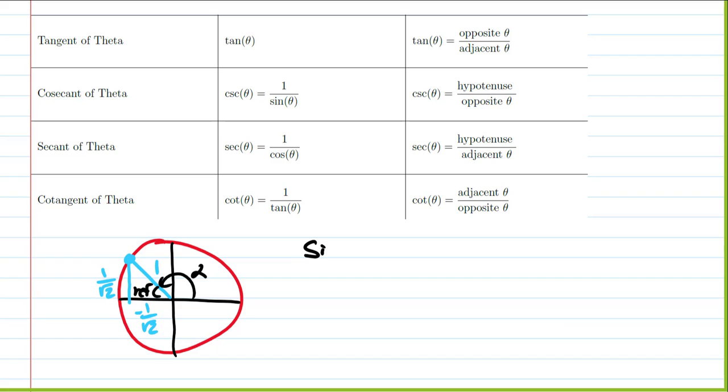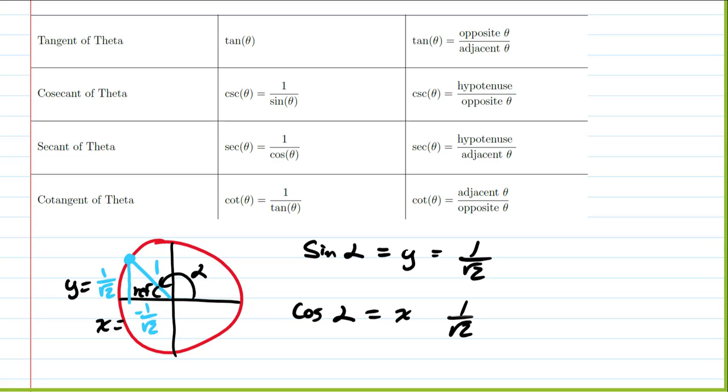So our sine of alpha would be the value in this quadrant. Well, on the unit circle, sine is opposite over hypotenuse, or y. So we would get this. Cosine alpha would be x, which is 1 over the square root of 2.